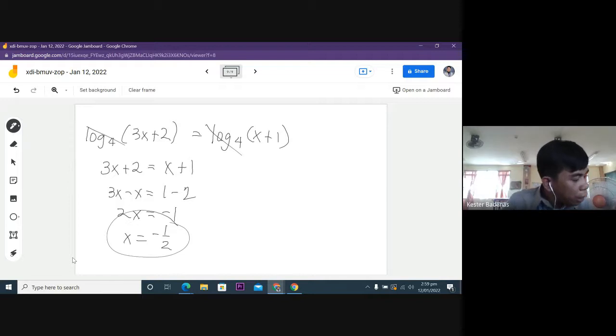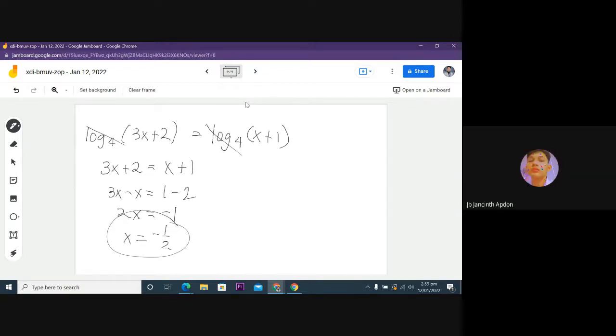Okay. May question pa sa first case? Wala na po. Okay. How about the other members? Sir, yung x po, tsaka yung 1 pinag-swap lang po.